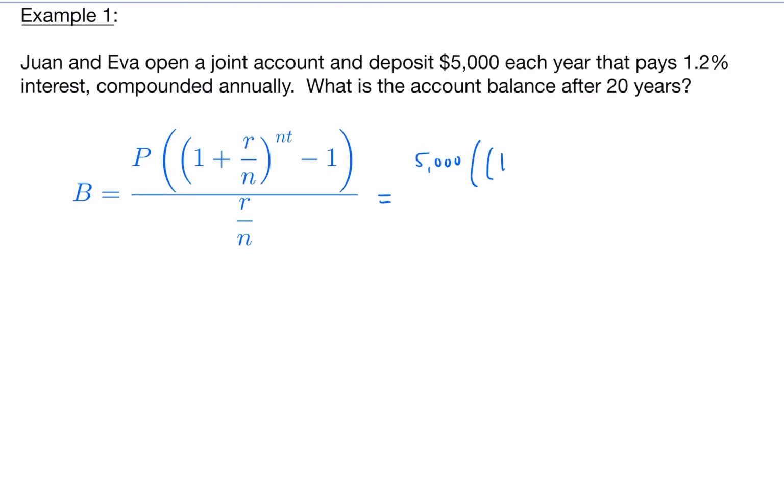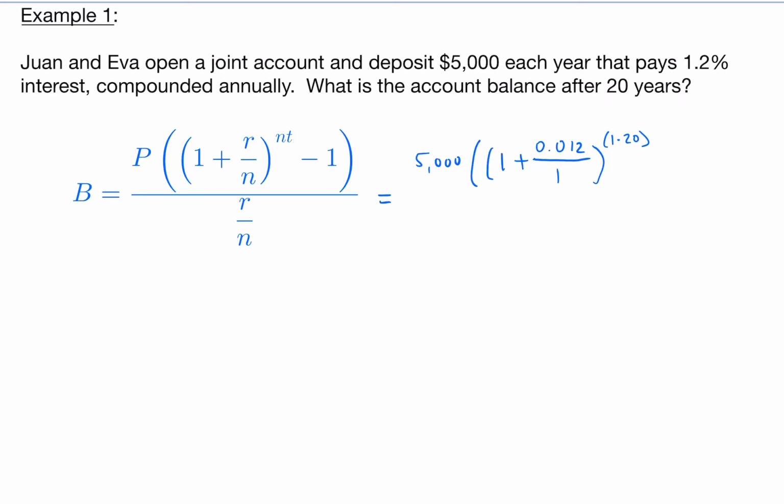And this is going to multiply by 1 plus the rate in decimal form. So this is going to be 0.012 divided by the compounding amount, which in this case is annually. So really that's just 1, raised to the compounding amount, which is 1, times the number of years.